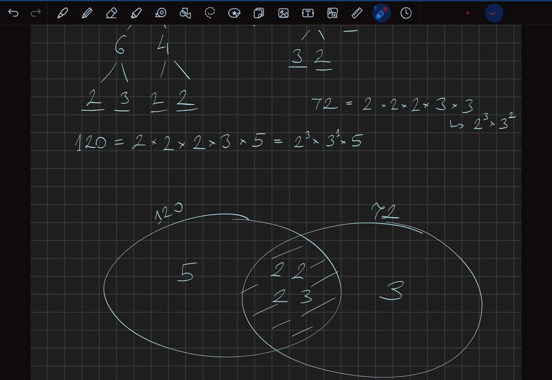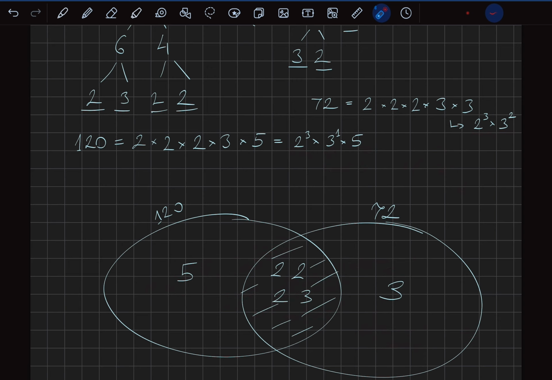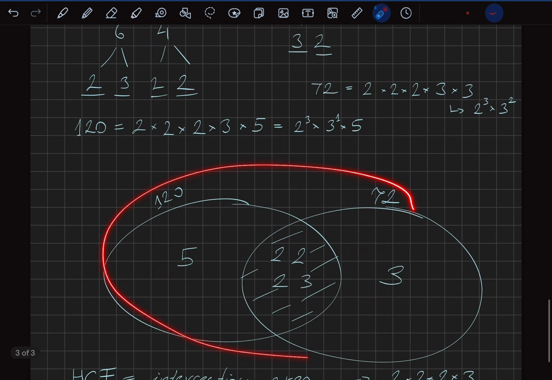And the lowest common multiple, you write down every number from here: 2, 3, 5, we multiply them on the highest power. So basically every number here in the Venn diagram. Use this one, I advise this because it's really easy.